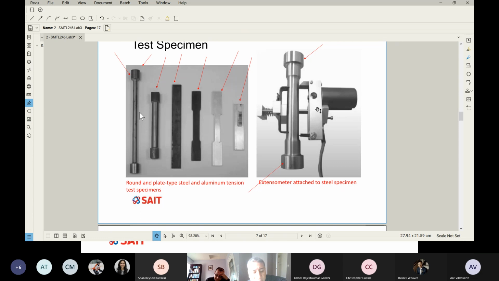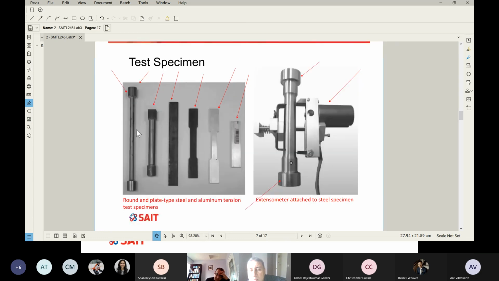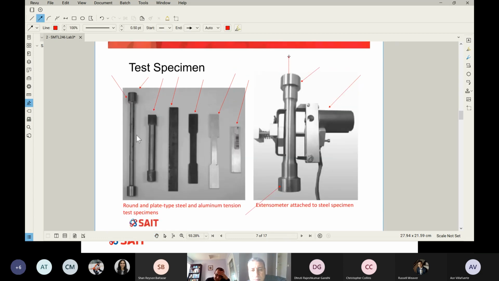It is shown in the right picture, how this little device attaches to my specimen. When I apply tension this way, you can probably guess what happens. The specimen will elongate, will increase in length. Since we attach this extensometer, we're able to measure the change in the length, and the change in the length is something we call strain.